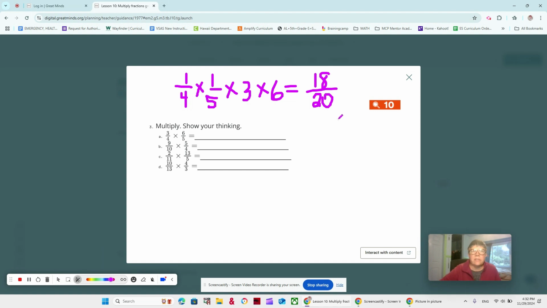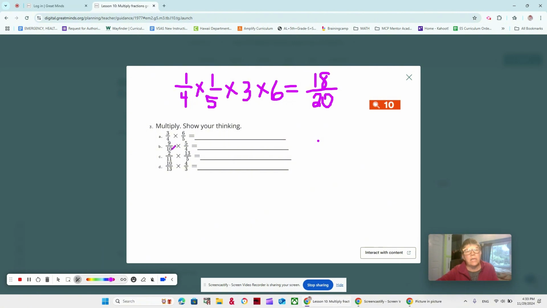So you might start to see that determining if it's going to be more than 1 or less than 1 has to do with the size of the fractions. If you have one that's over 1 but just barely, multiplying by something that's really small, like 1/20, then your answer is still going to be less than 1. Okay, so let's check that out.